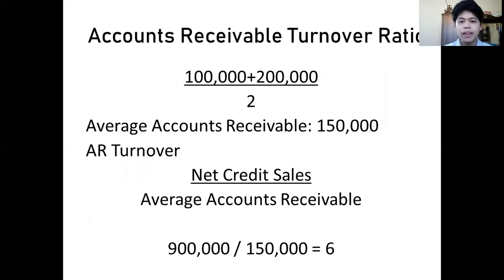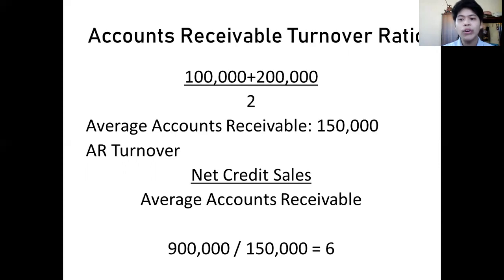Okay. Kung nakikita nyo, ang first na ginawa natin for accounts receivable turnover ratio is to find the average accounts receivable. Kasi may beginning at may ending. 100,000 plus 200,000 divided by 2. So our average accounts receivable will be 150,000 pesos.